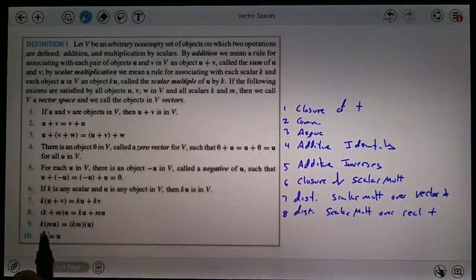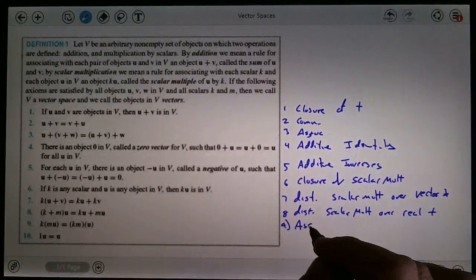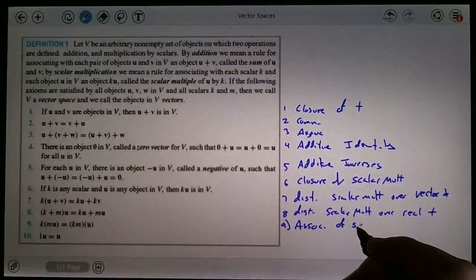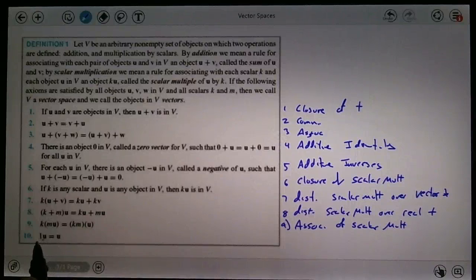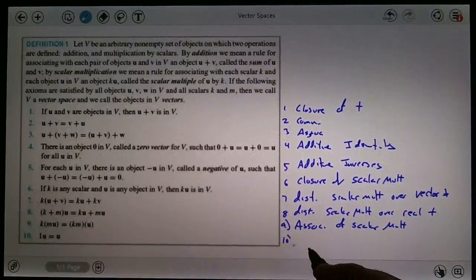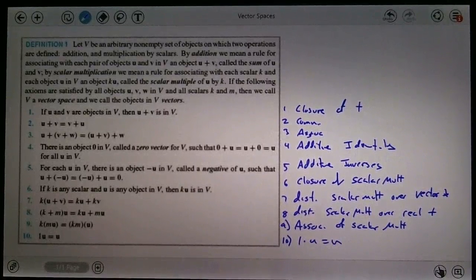Number 9, this is an associative property of scalar multiplication here. And number 10 is that 1 times u equals u. That seems kind of crazy to have to say that, but we want this to be true. I'm not saying anything that wasn't already there.